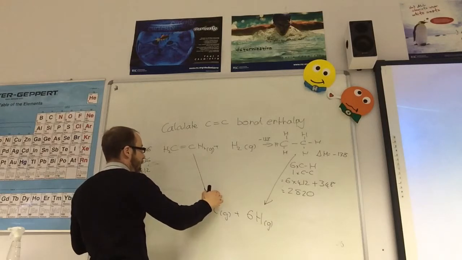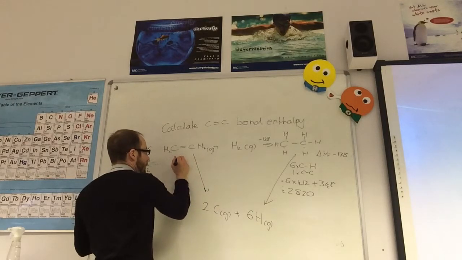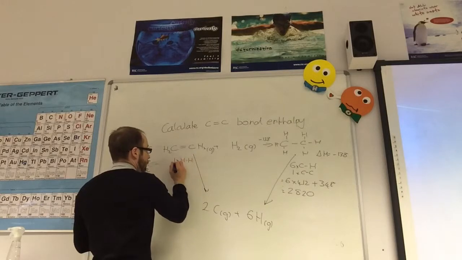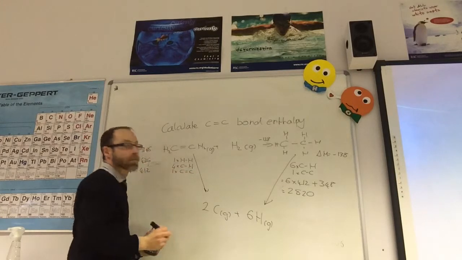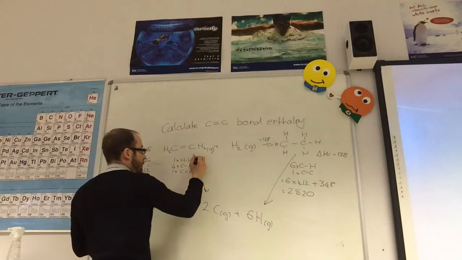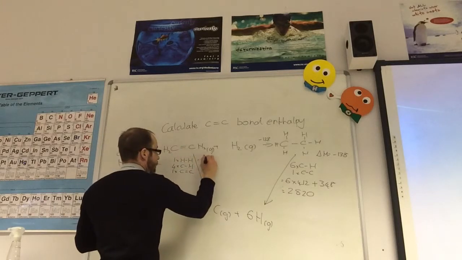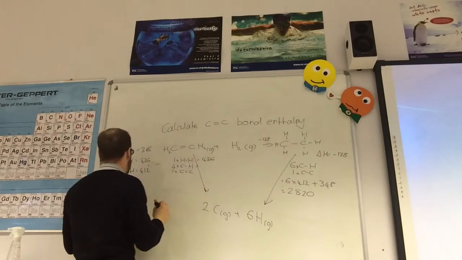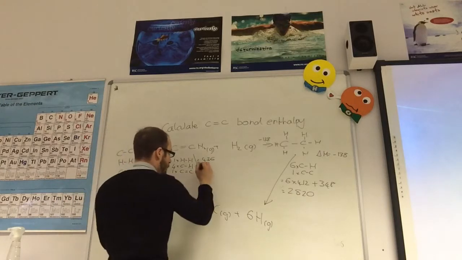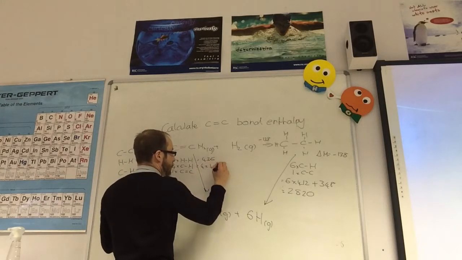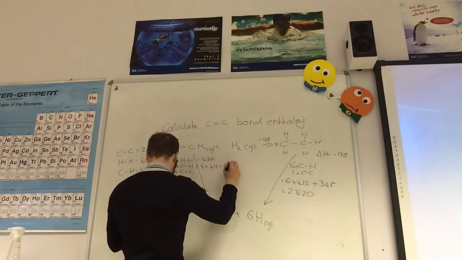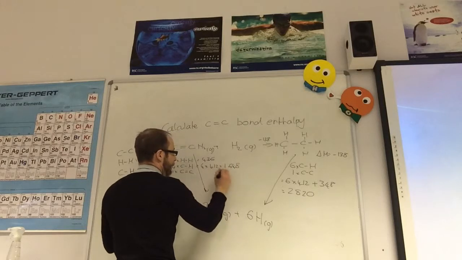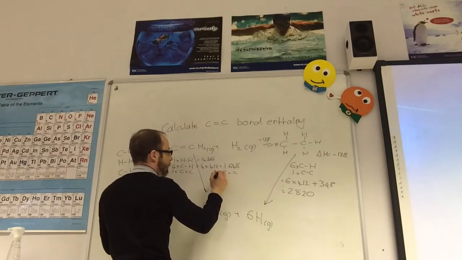On this arrow, I'm breaking one hydrogen-hydrogen bond. I'm breaking 4 carbon-hydrogen bonds and a carbon-carbon bond. So that equals, a hydrogen-hydrogen is 436, a carbon-hydrogen is 412, so 4 times 412, 1648, and the carbon-carbon double bond, which I don't know.